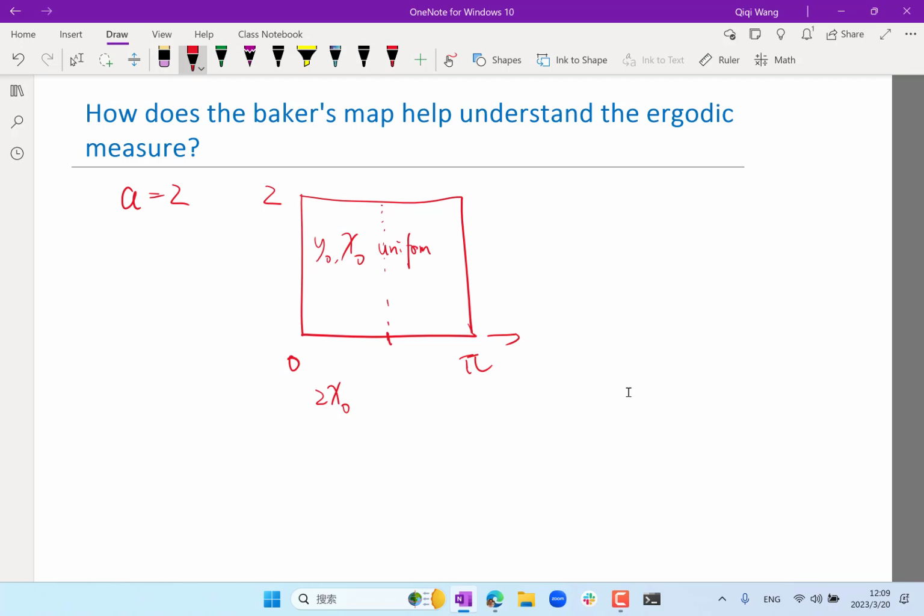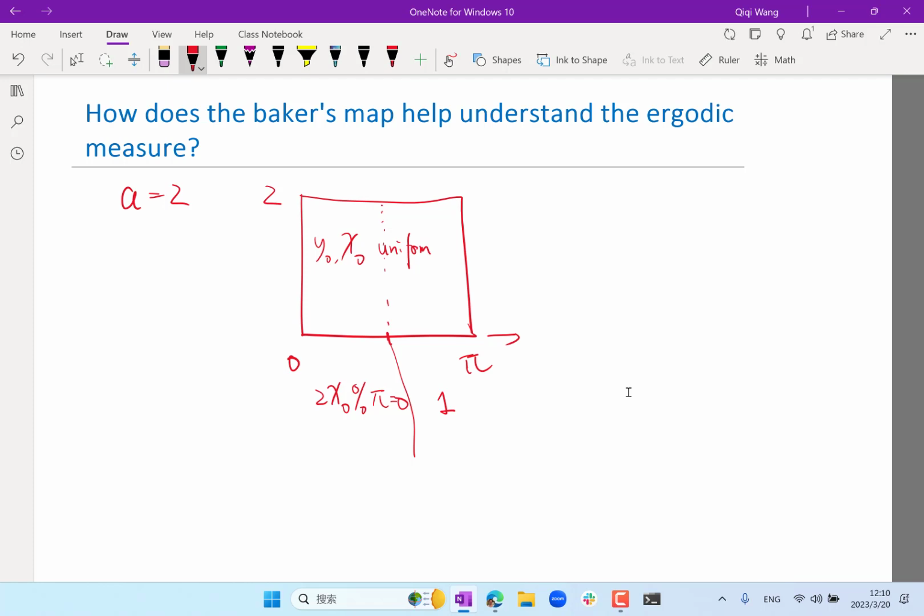That's how we say we have a joint uniform distribution. Okay, so depending on 2x mod pi, it is equal to 0 on this part, and is equal to 1 on this part, right?